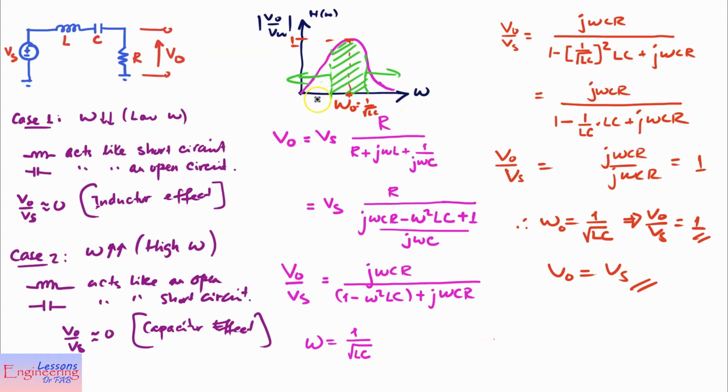So between omega 1 and omega 2, we're allowing that frequency range to pass through, but anything below omega 1 and above omega 2, we're attenuating and filtering out. So such a filter is called a band pass filter, or BPF.